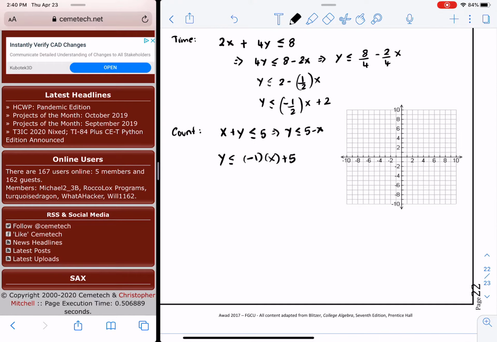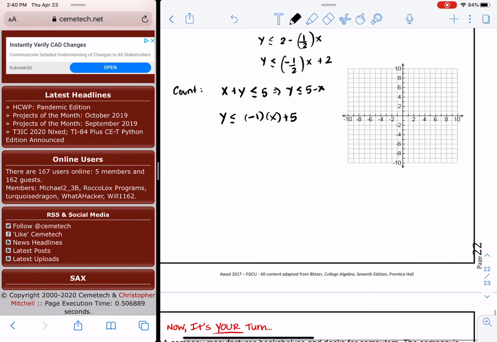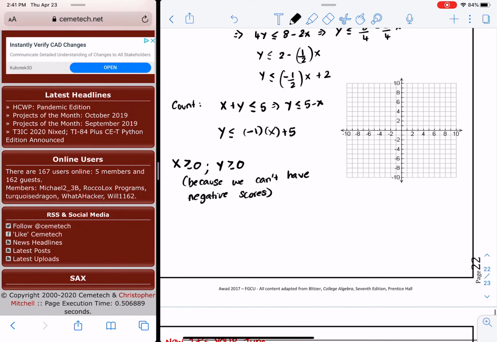And naturally, there are 2 other constraints. x has to be greater than or equal to 0, and y has to be greater than or equal to 0, because we can't have negative scores. So everything is going to happen in the first quadrant.